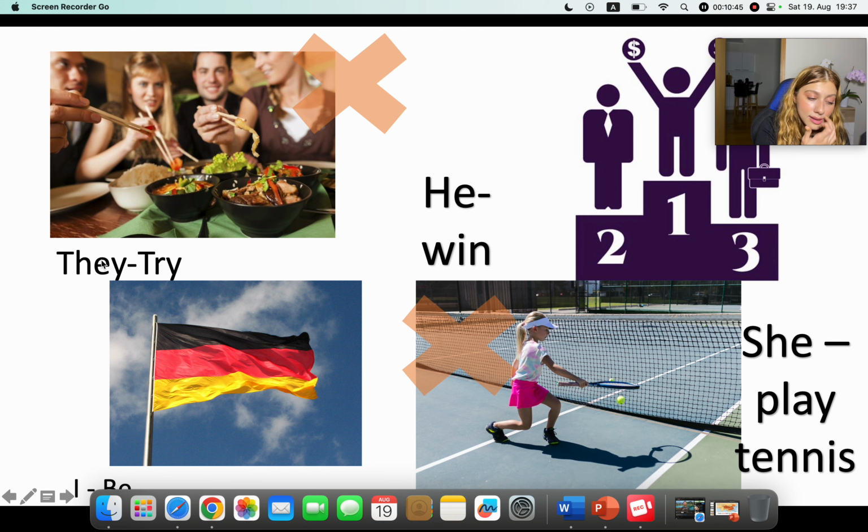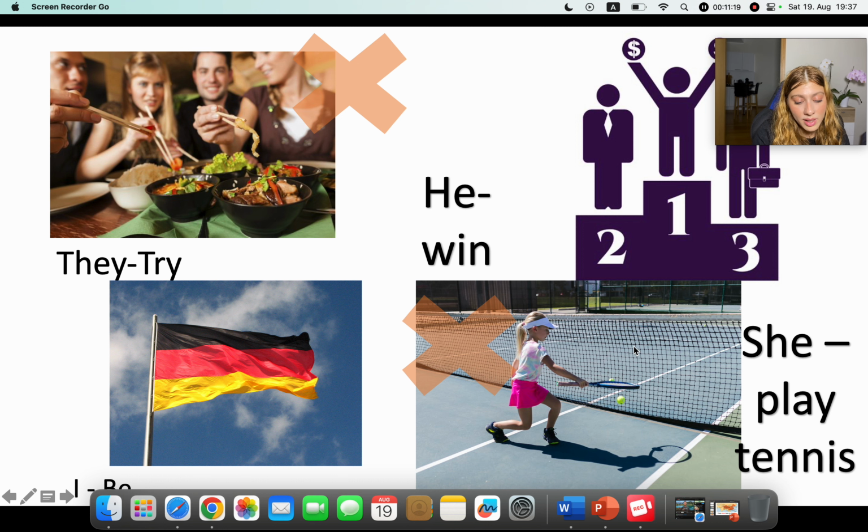As you can see, at this stage they are freer to write whatever they want. You can ask them to make some sentences. As you can see, you have got two negatives. You are going to write this sentence with they and use try, and for this one, a positive sentence, it depends on which student has been to Germany.